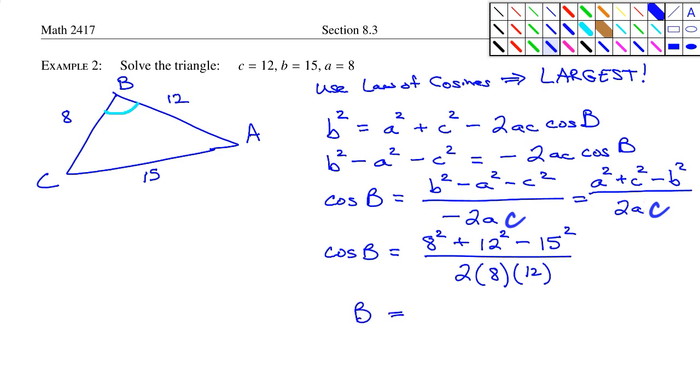Work that out, take the arc cosine, and you get that B is equal to 95.08 degrees. So we have found the largest angle. It is obtuse, and we wouldn't have been able to find it had we not used the law of cosines first.